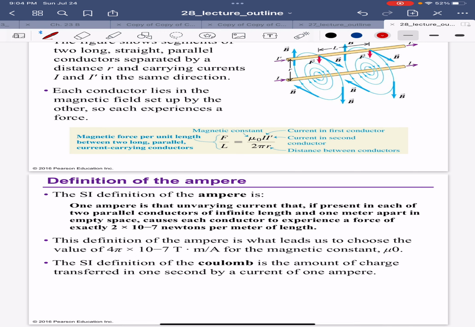Definition of the ampere. The SI definition of the ampere. Remember, it is one of the standard units in the SI system. 1 ampere is that unvarying current that, if present in each of two parallel conductors of infinite length and 1 meter apart in empty space, so that we can use mu zero, causes each conductor to experience a force of exactly 2 times 10 to the negative 7 newtons per meter of length.